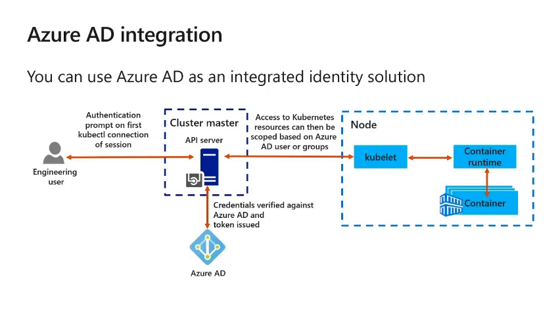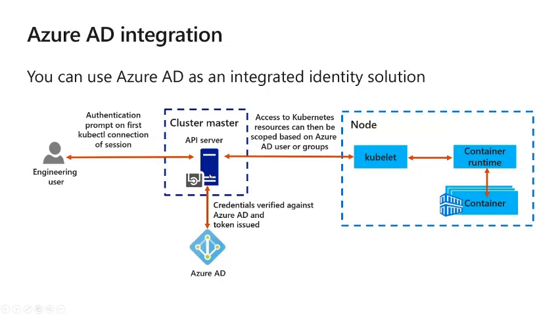When a user then interacts with the AKS cluster with kubectl, they are prompted to sign in with their Azure Active Directory account. This approach provides a single source for user management and password credentials. The user can only access the resources as defined by the cluster administrator.